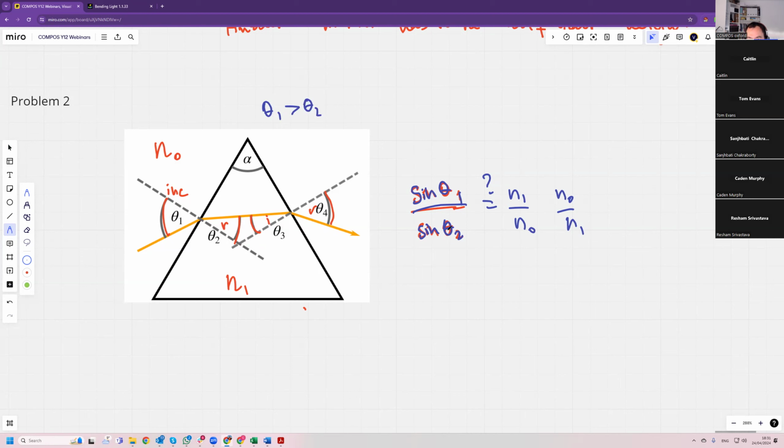So sine θ1 over sine θ2 is going to be greater than 1. So this fraction is going to be bigger than 1. So I need the bigger refractive index on top, and glass certainly has a bigger refractive index than air. So it's going to be n1 over n0 rather than n0 over n1.